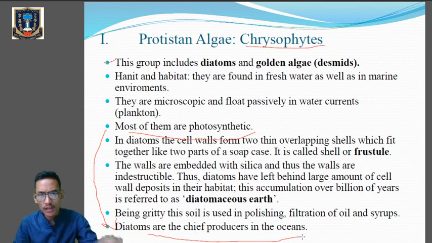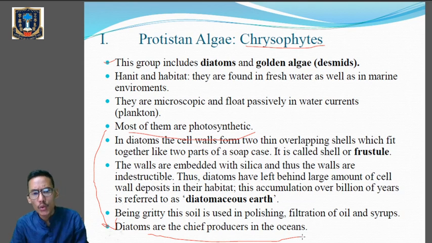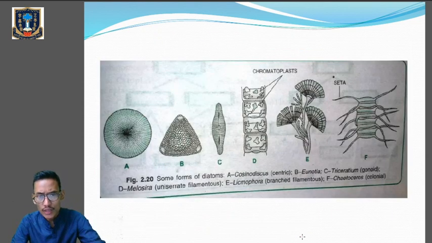Clear? So kindly go through the characteristics of this Protistan algae, that is chrysophytes. It's on page number 2.27, so kindly go through it. Next, figure number 2.20: we can see examples of a few diatoms.